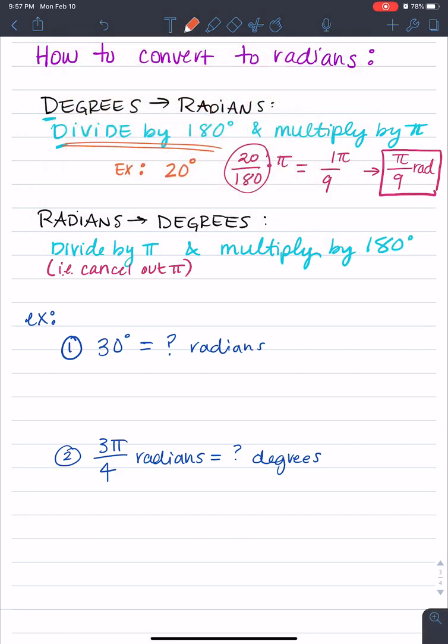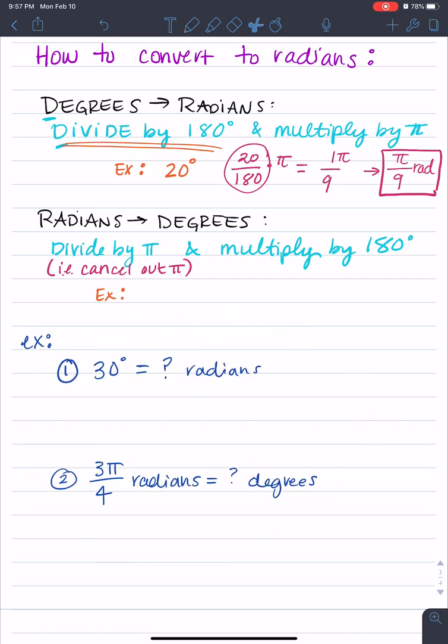Okay. All right. Let's see what that would look like. Let me move these down. Okay, you're in my way. So, let's say that I have 5 pi over 4 radians.